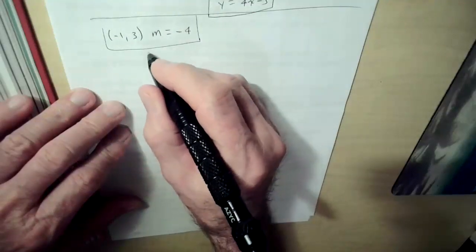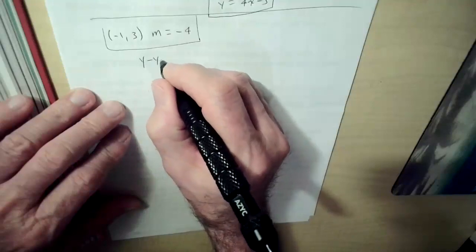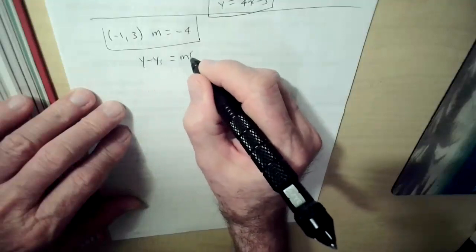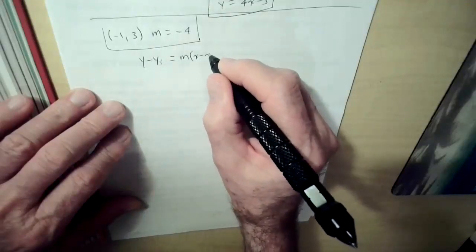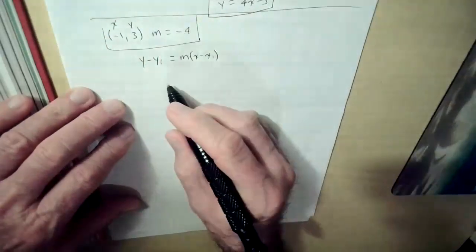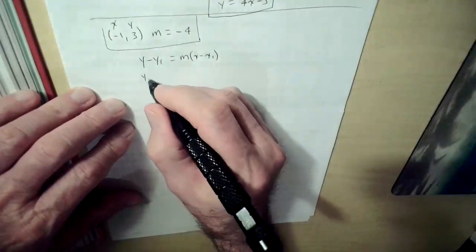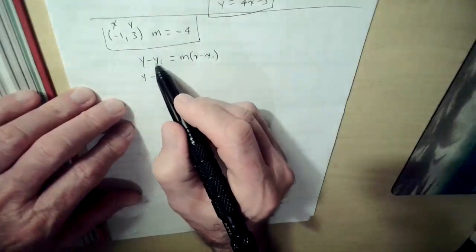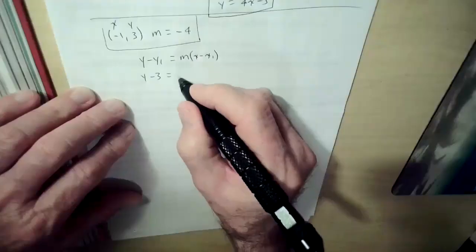Okay, what are we given here? A point and slope. So oddly enough, the formula we're going to use is point slope. y minus y1 equals m open x minus x1. This is x. This is y.